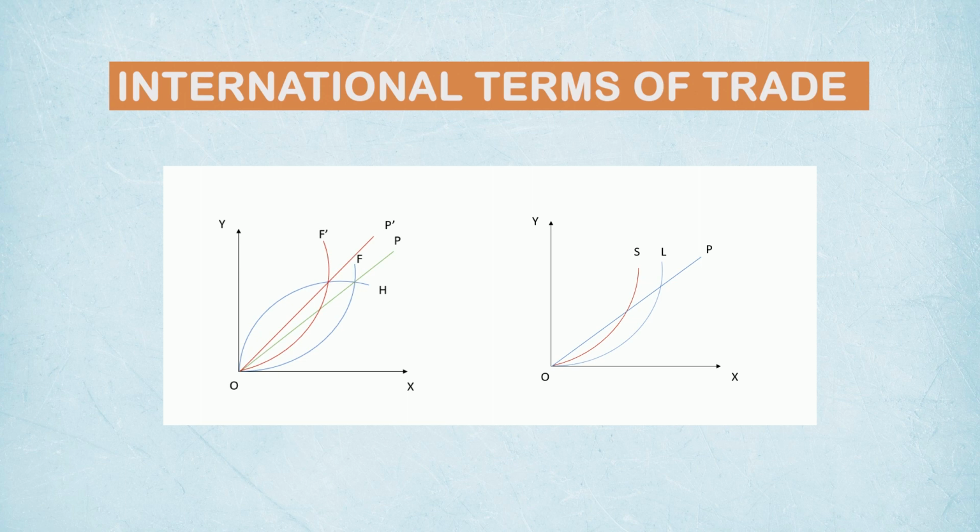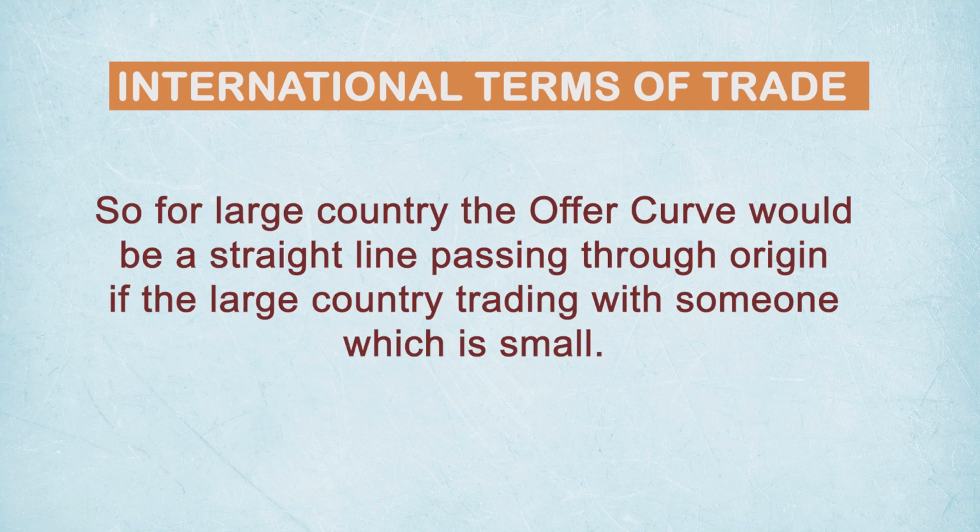So whatever the small country does, whether it is OL or OS or OT or OU, the equilibrium terms of trade will always remain here like OP, because that is the offer curve for the large country. So for large countries, the offer curve would be a straight line passing through the origin if this large country is trading with someone which is small.